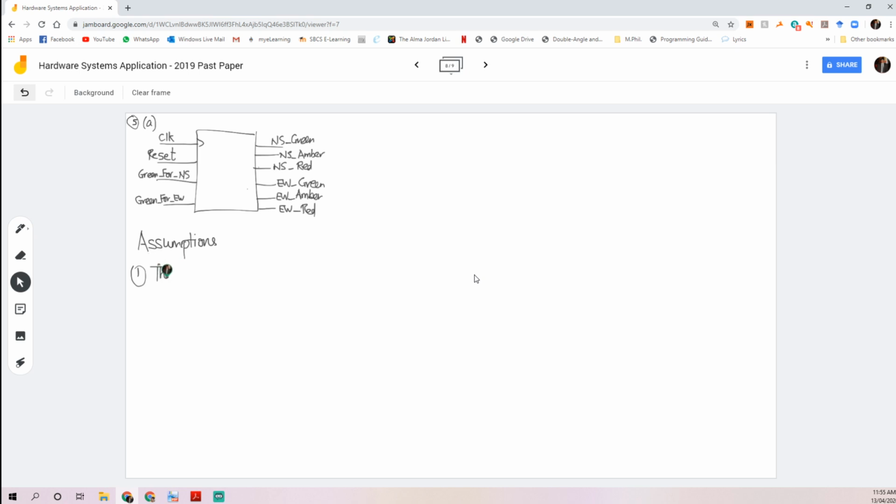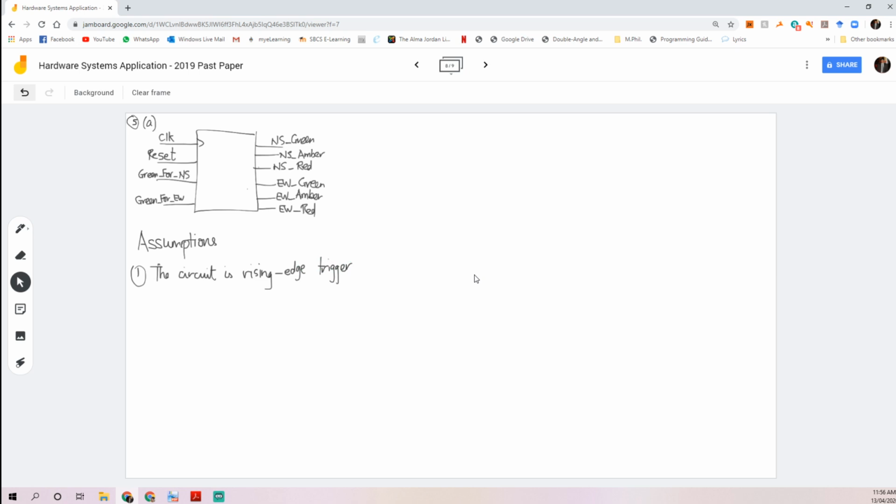Sorry, that is not very legible. So the circuit is rising edge triggered. In other words, we're going to let the rising edge of the clock dictate the operation of the circuit.